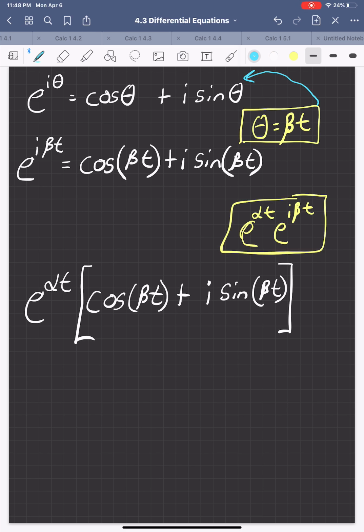Remember these general solutions were y of t is equal to c sub 1 e to the alpha plus i beta t, plus c sub 2 e to the alpha minus i beta t.